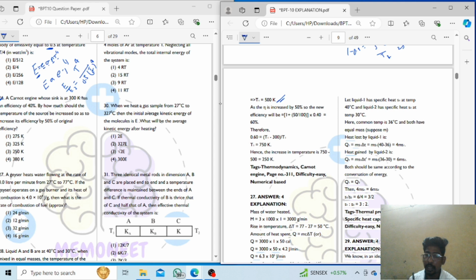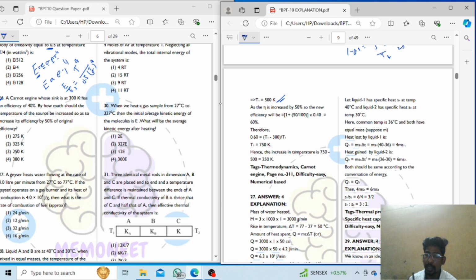Density is 1000 in SI, in CGS it is 1. So if you multiply this, you will get 3000 grams per minute, since per minute is mentioned. You know the heat Q equals m c delta T, where delta T is the change in temperature. So m we already got, c is 1 in this case, and delta T is 50. So if you calculate all of this, what will you get?